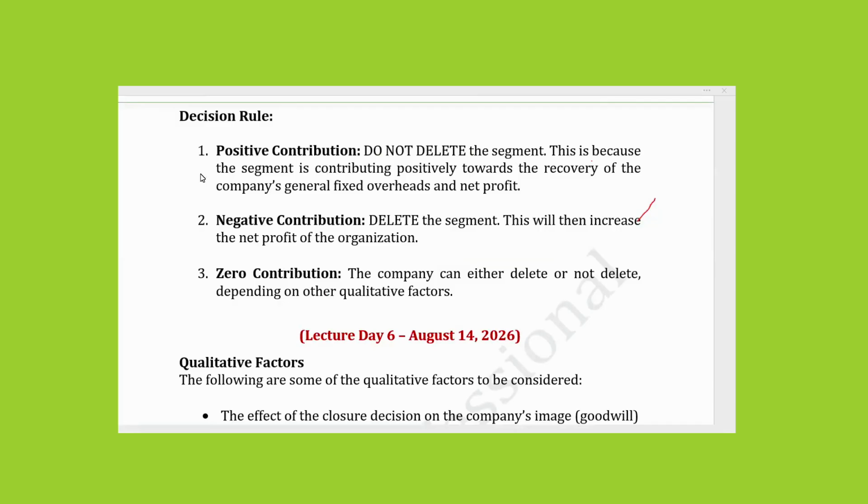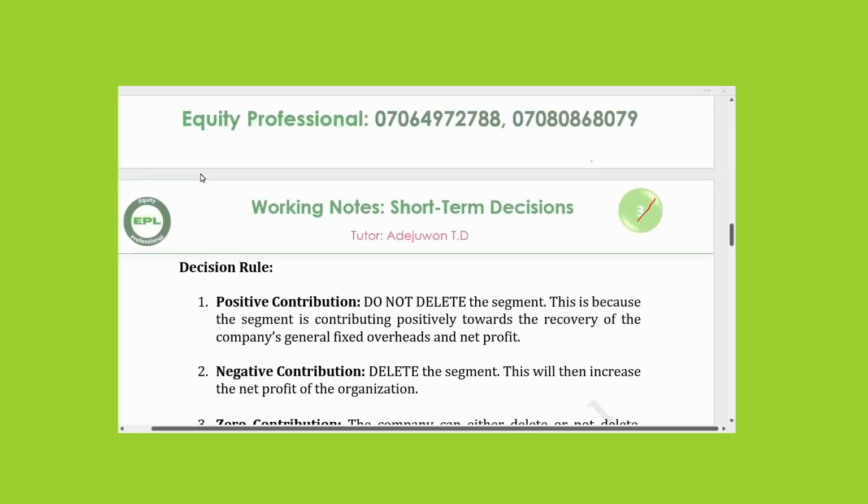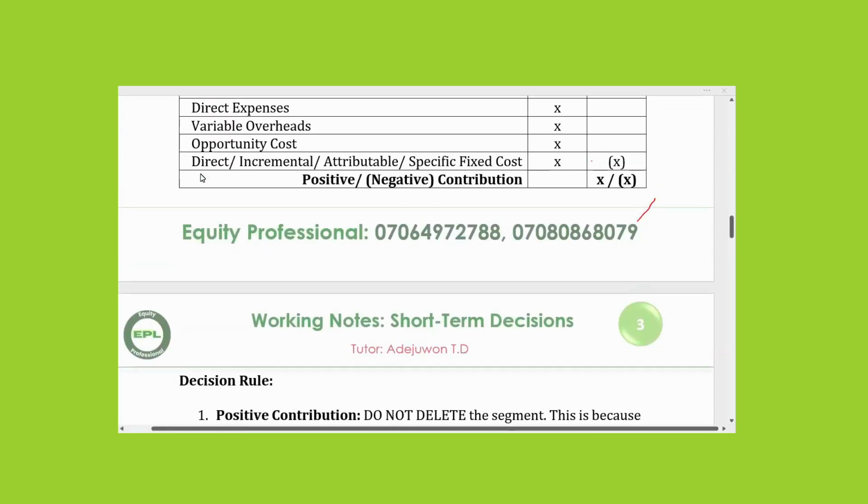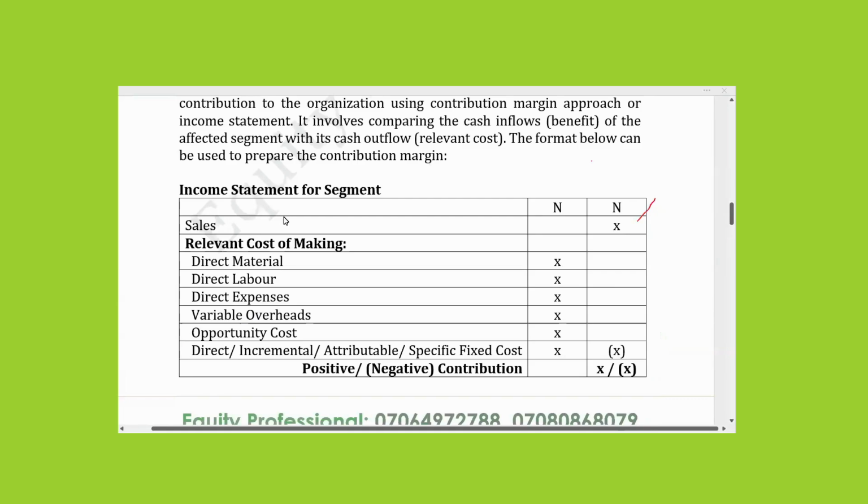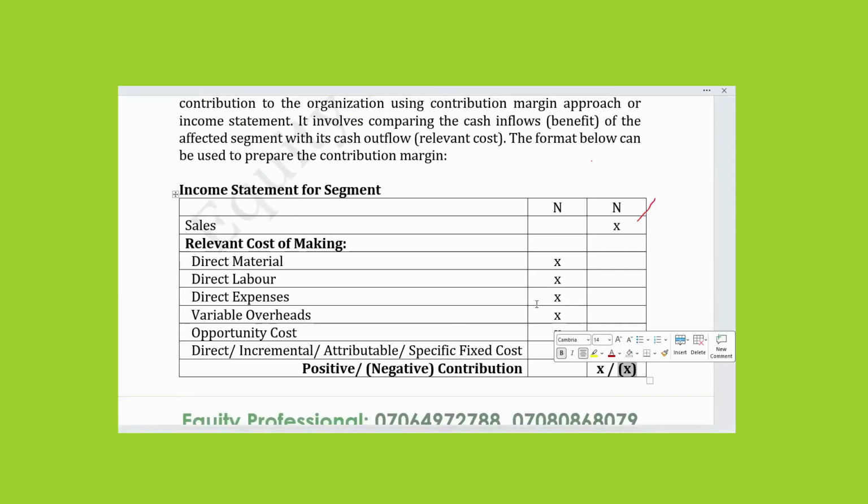Once you have prepared your income statement for the affected segment and it produced a positive contribution, then do not delete the segment. But if it is negative contribution, that is, if the sales value is less than the relevant cost of making the segment, then in that case, it is better to delete the segment, which will then enhance the company's overall net profits.